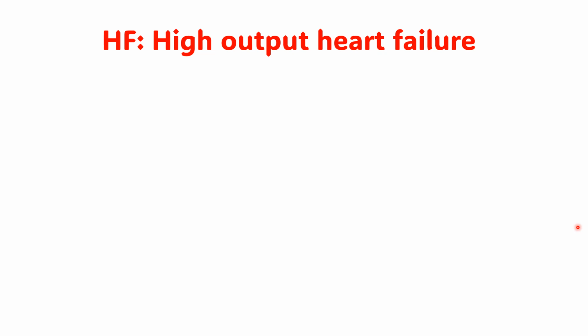So there's an increased demand for oxygen. Just before I get into this diagram, the normal cardiac output is roughly 4 to 8 liters per minute. In high output cardiac failure, the cardiac output is greater than 8 liters per minute.